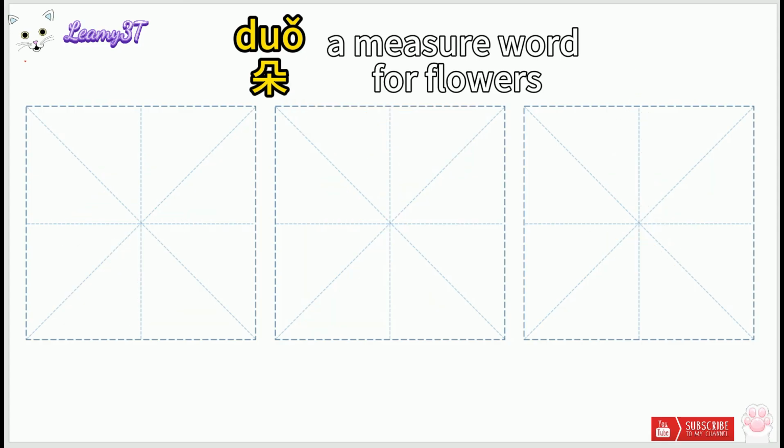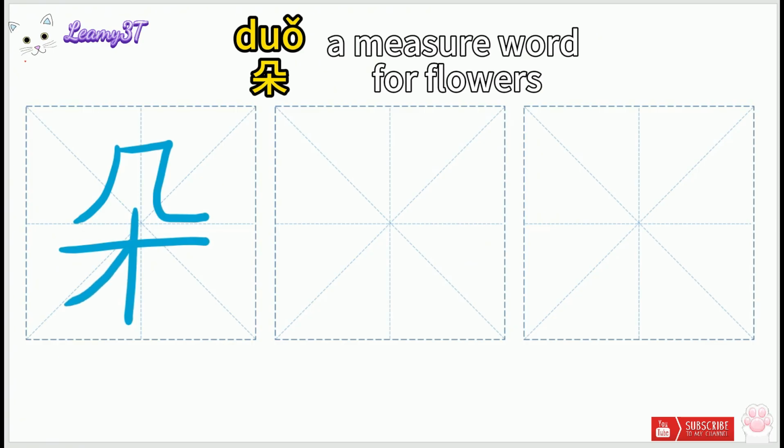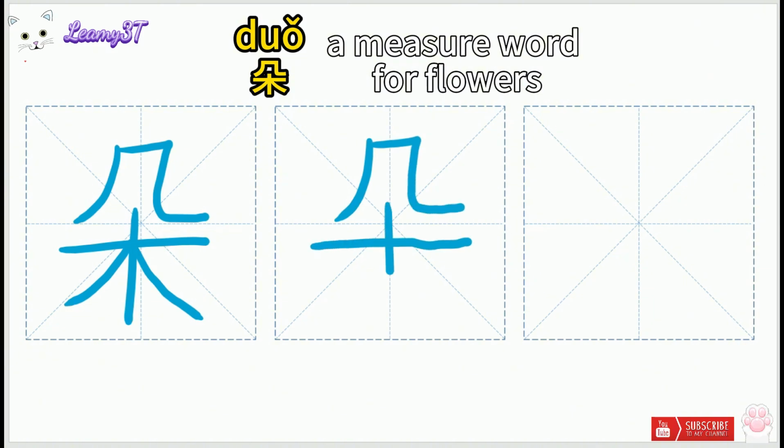One more page. As you can see, sometimes my stroke is not very good because I'm writing on a tablet and it's too smooth.